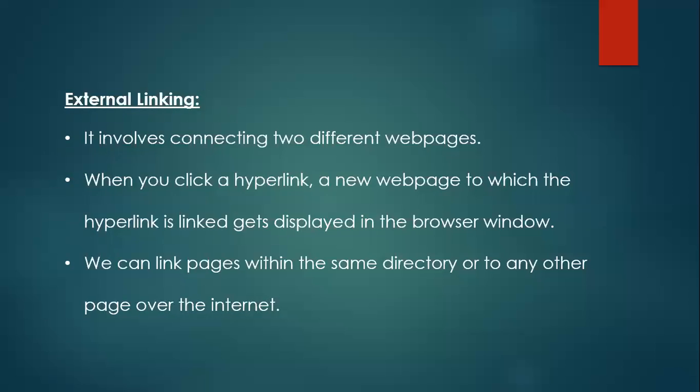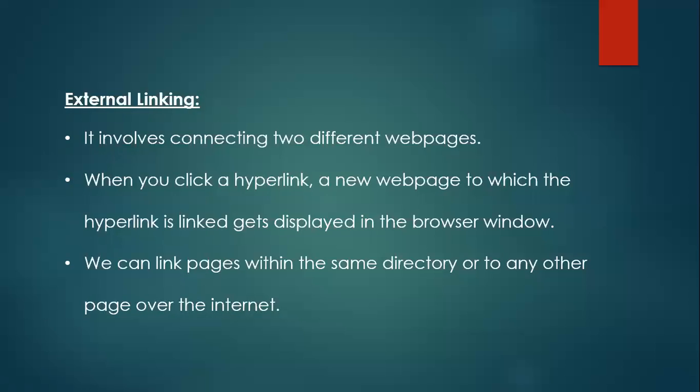The third point is we can link pages within the same directory or any other page over the internet. As we are discussing external linking, it means you are linking other HTML documents to your hyperlink text or hypertext. Clear?